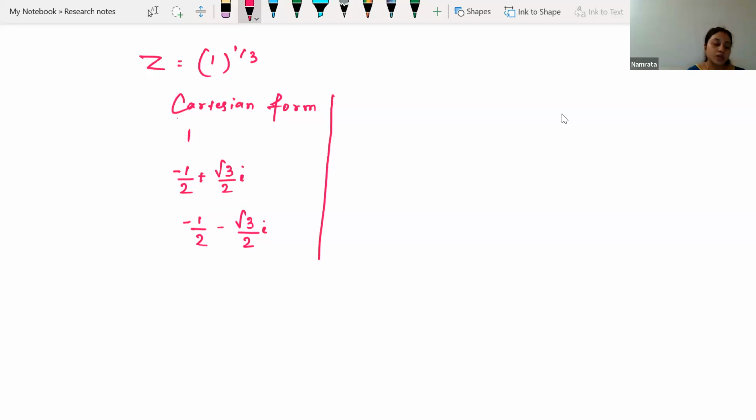Now in polar form, the same answer became 1 cos 2 pi by 3 plus I sine 2 pi by 3.